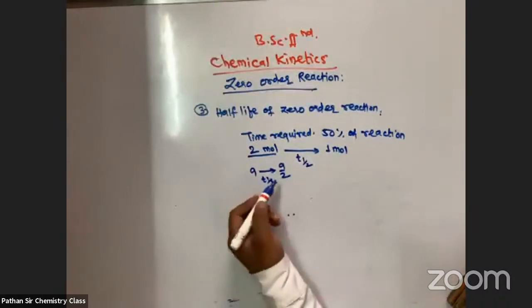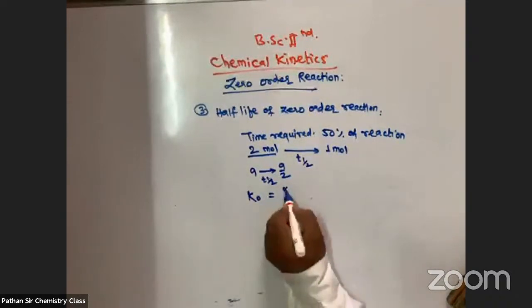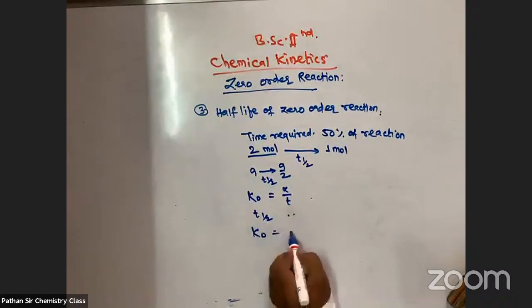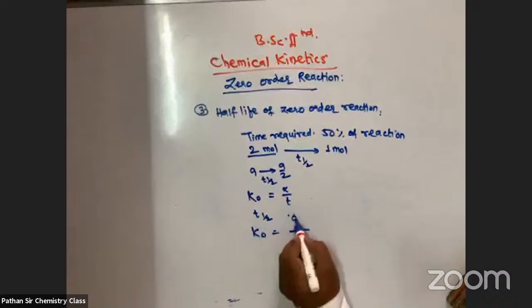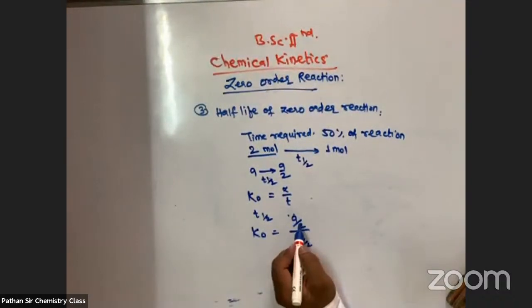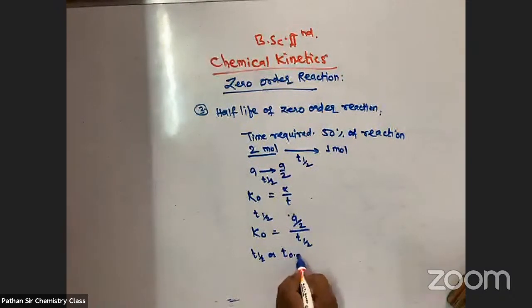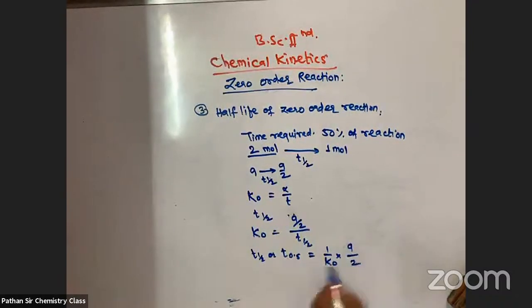Therefore, we have the zero order rate expression K0 is equal to X by T. Now, if you are using T as T half, then K0 is equal to A/2 divided by T half, with X replaced by half of the initial concentration, A/2. Therefore, T half, or you can also write T 0.5, is equal to 1 upon K0 into A/2, or 1 upon 2 times K0 into A. K0 is constant, so 1 upon 2 K0 is also constant.